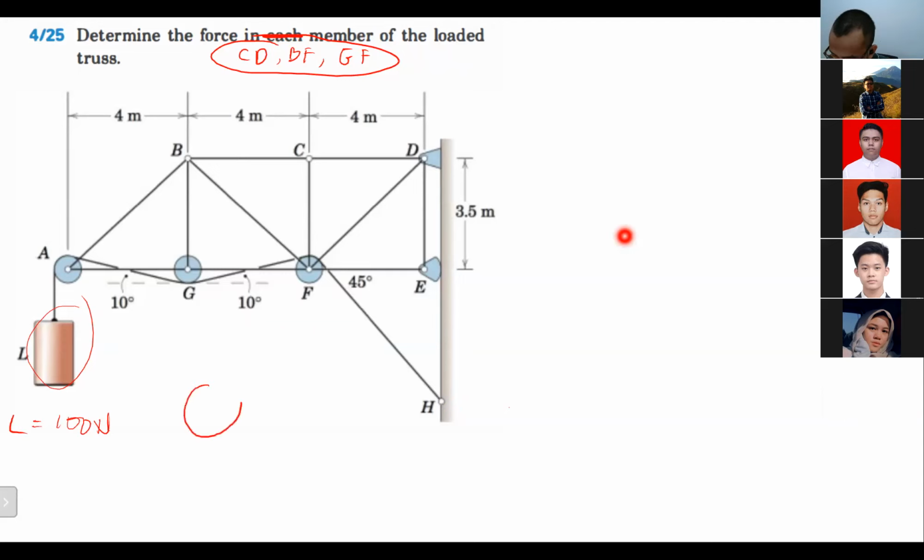It's like this way. This is the pulley, and you know that there is a 100 Newton going down like this. But remember, there is another tension force with the angle of 10 degrees here. And then here we will have AY and AX.